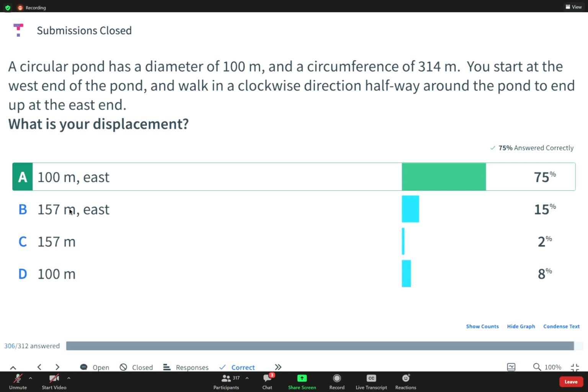Displacement is always the final position minus the initial position, and you walk halfway around the circle, so your displacement has a magnitude equal to the diameter, and that's why the answer is A. Are there any questions about that?